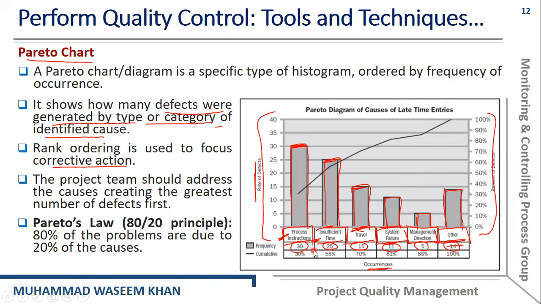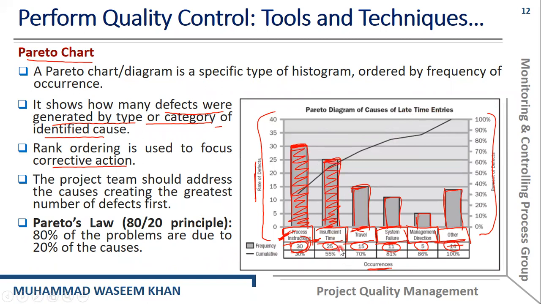So here we need to identify how much is the occurrence of these causes that resulted in the late time entries. We can see that 30 causes regarding the process instructions led to the late time entries.